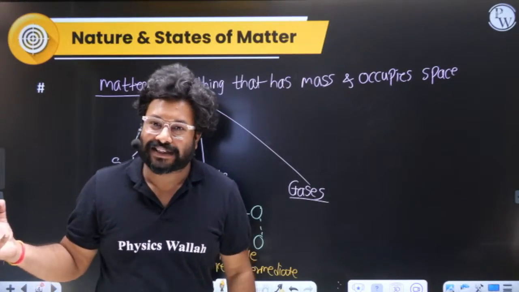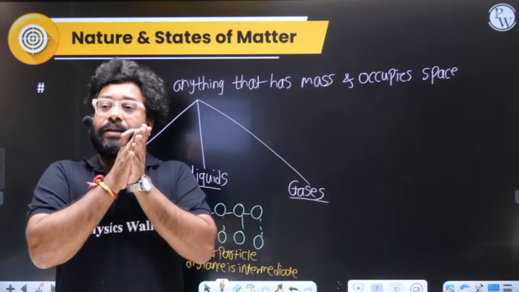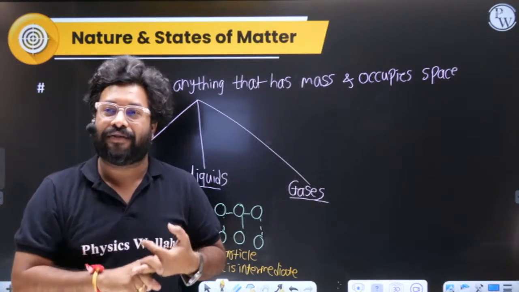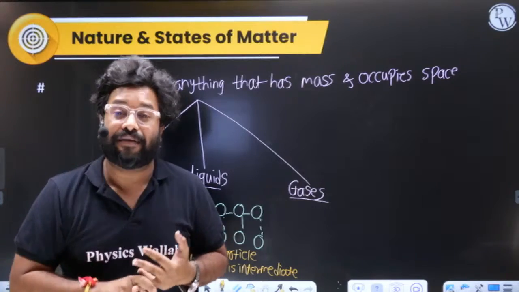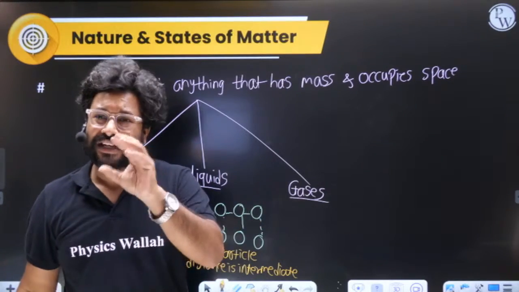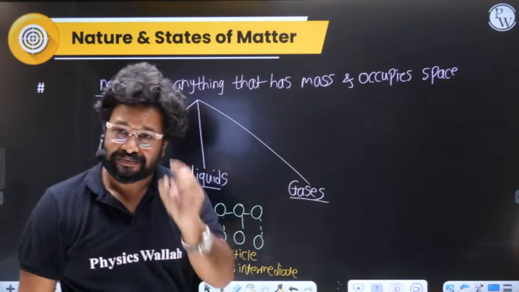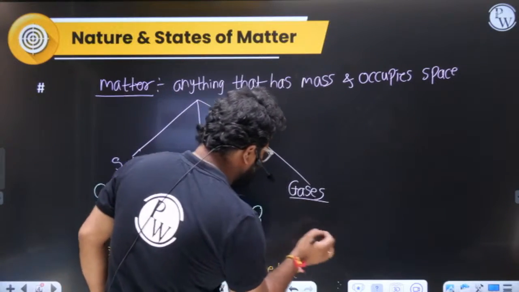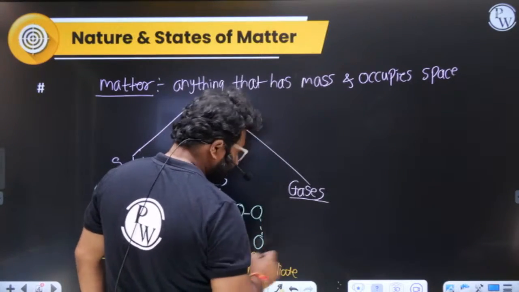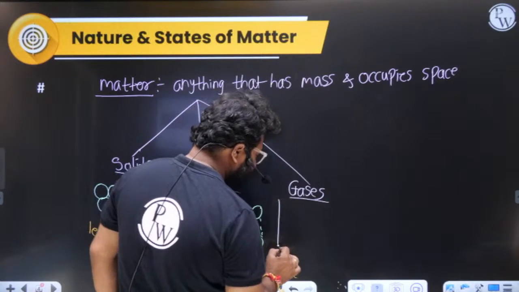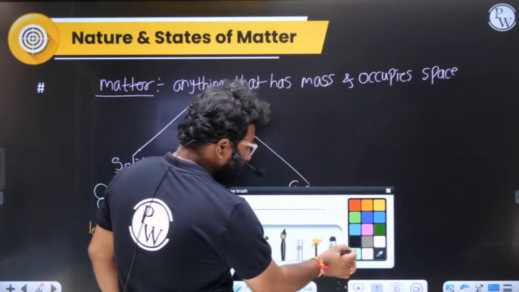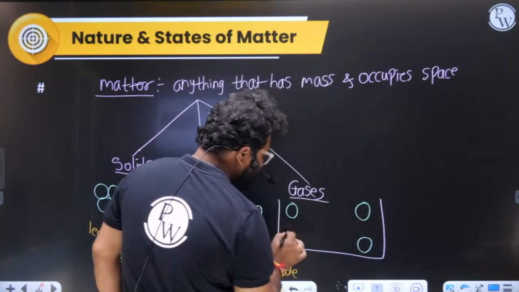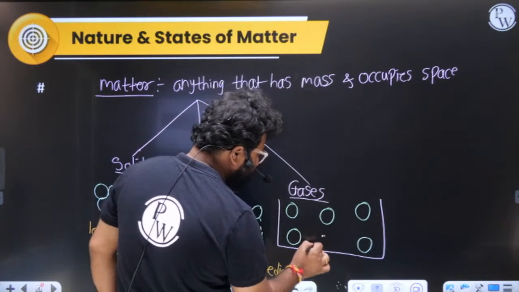Thirdly, gases. Gases do not have a definite shape, and they do not have a definite size or volume either. In gases, interparticle distance is very high, because the particles are separated by a huge distance.